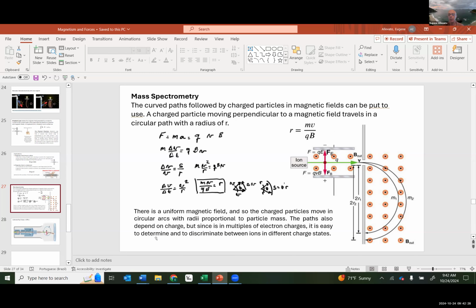And the curve is going to depend on this centripetal force, the magnetic force acting on the particle, and of course that's going to depend on the charge itself and the mass of the charge. So if you have an ionized molecule or a different atom, it has different masses, and as it's moved inside this magnetic field, it's going to go on a circle, and the radius of that circle is going to depend on its mass.